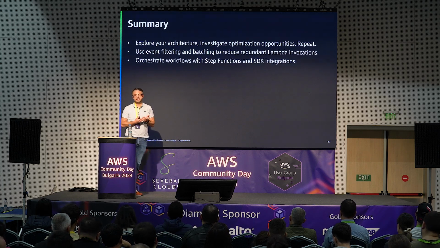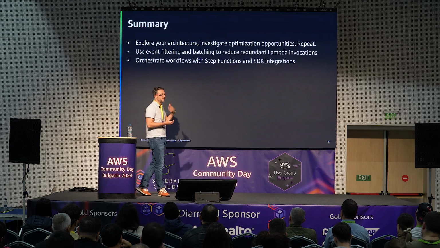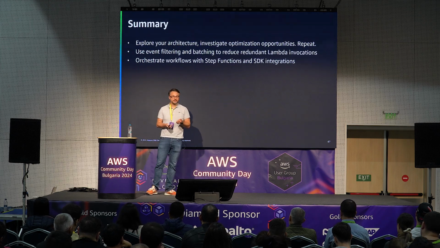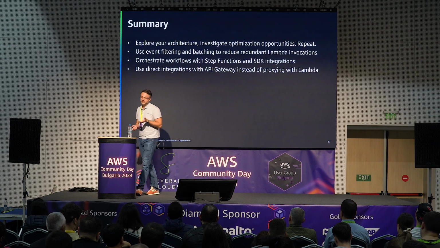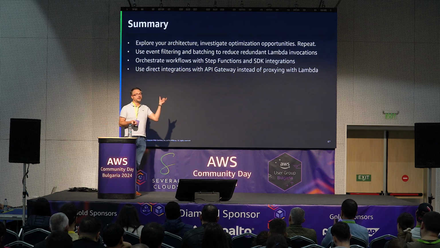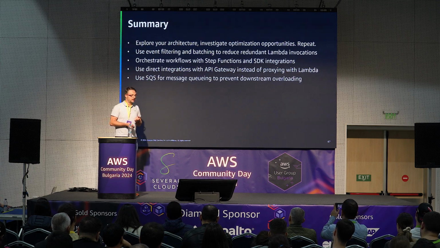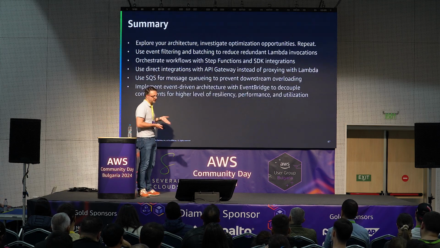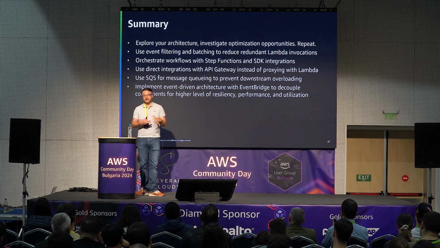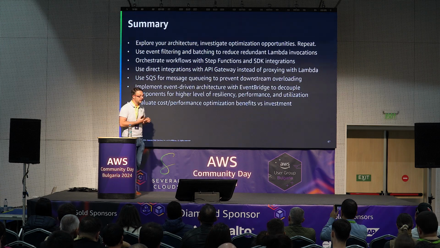Orchestration with Step Functions and direct integrations can save you a lot by not invoking those Lambda functions. Direct integrations for API Gateway: if you use Lambda as a proxy, maybe you can get rid of it. You can use SQS or event-driven architectures to decouple things and maybe to minimize workload on the downstream services.